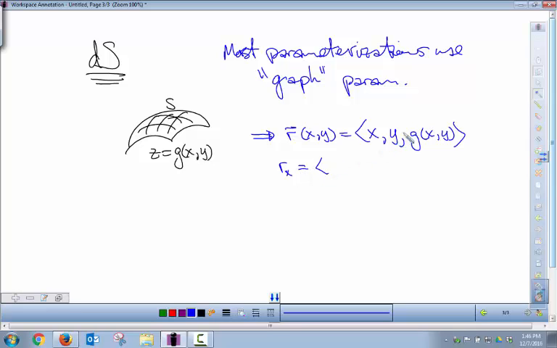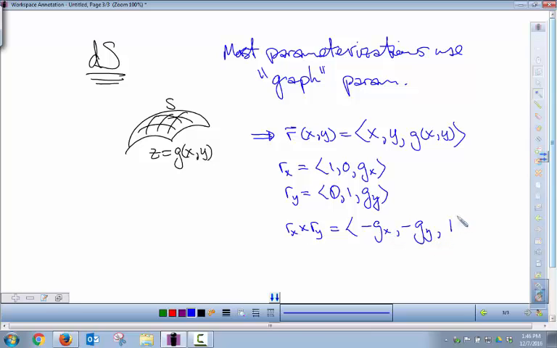we can find the magnitude of the cross product by finding the partials. So depending on how you cross them, I think if I cross it this way, r_x first, it'll be negative g_x, negative g_y, positive 1.